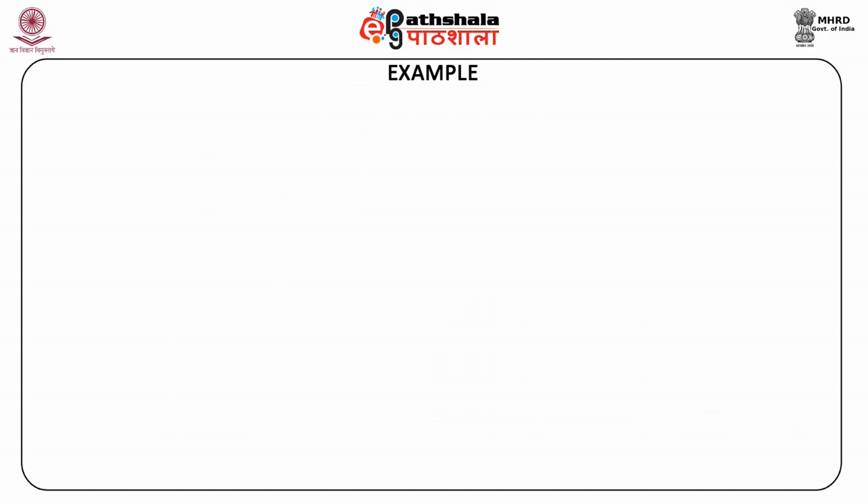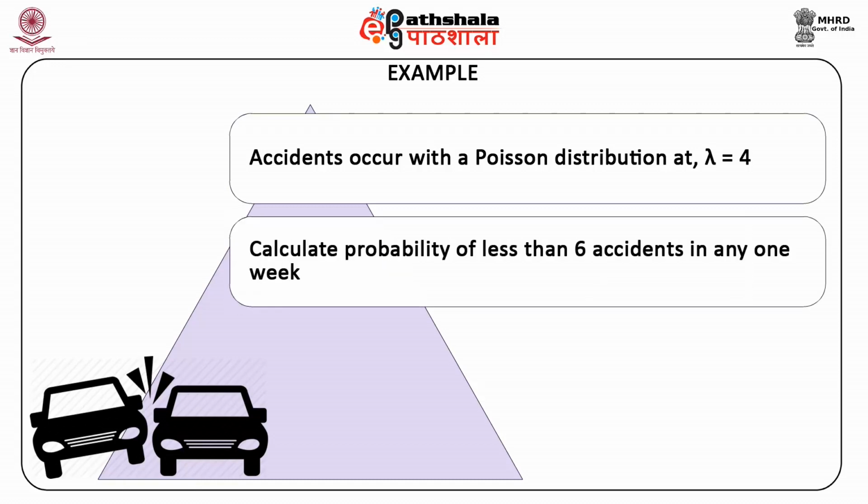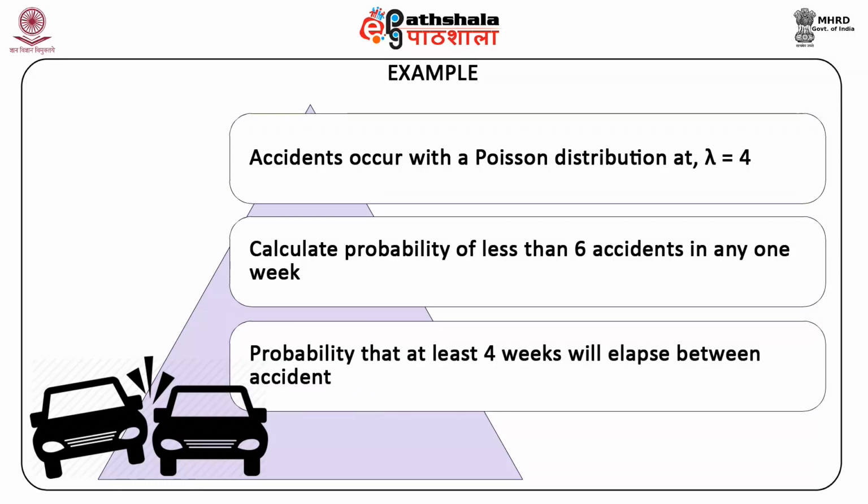Let us understand the exponential function with the help of an example. Accidents occur with a Poisson distribution at an average of 4 per week, that is, lambda equal to 4. Calculate the probability of less than 6 accidents in 1 week. What is the probability that at least 4 weeks will elapse between accidents?